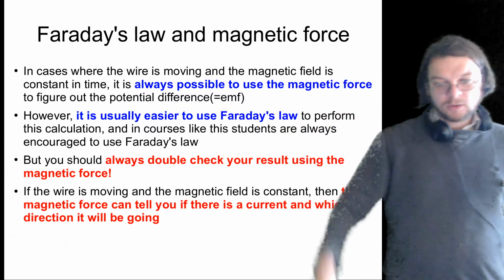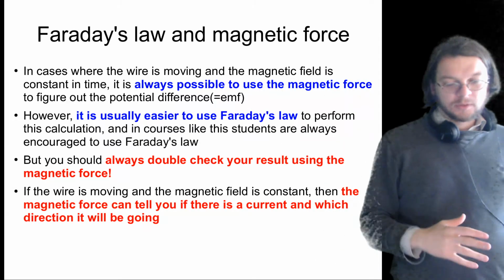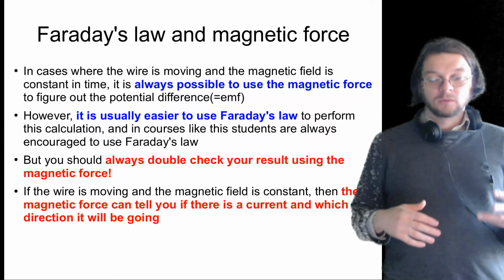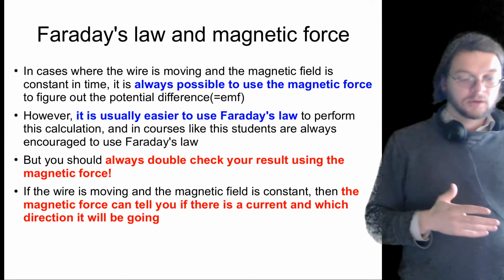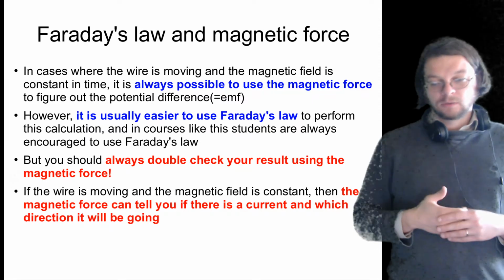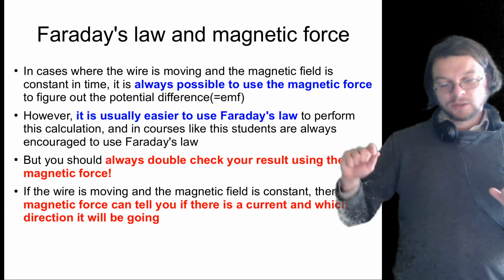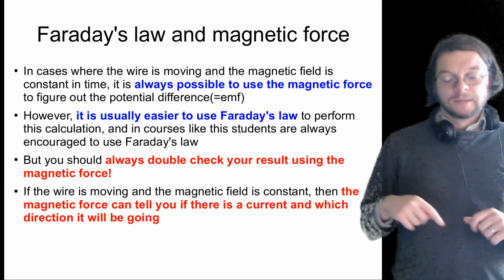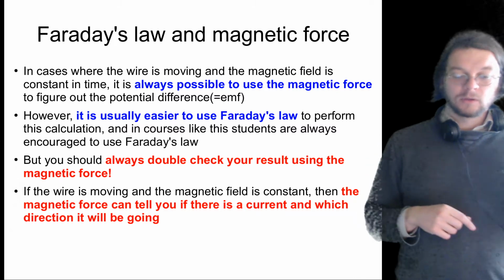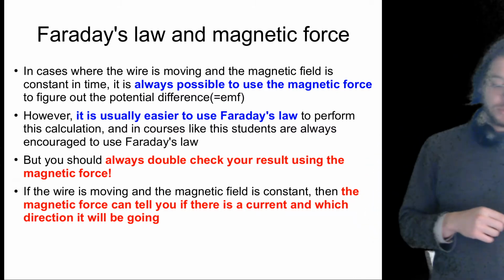I hope you noticed earlier that as we talked about the different situations with the loop and what does and doesn't create current, I was often using the right-hand rule to say, all right, in this case the electrons would get shoved this way, and maybe it would circulate or maybe it wouldn't circulate. It's always good to do that.